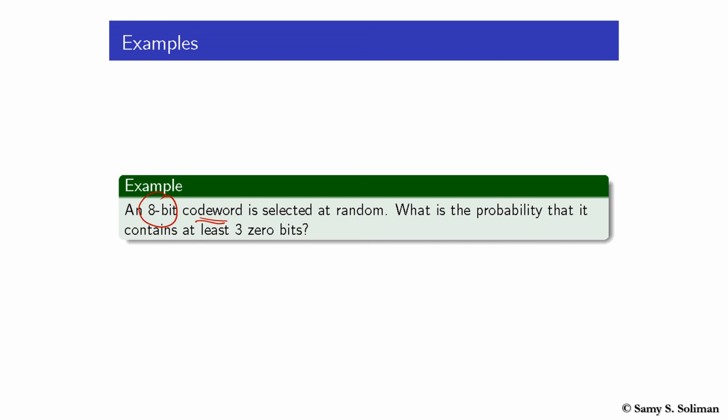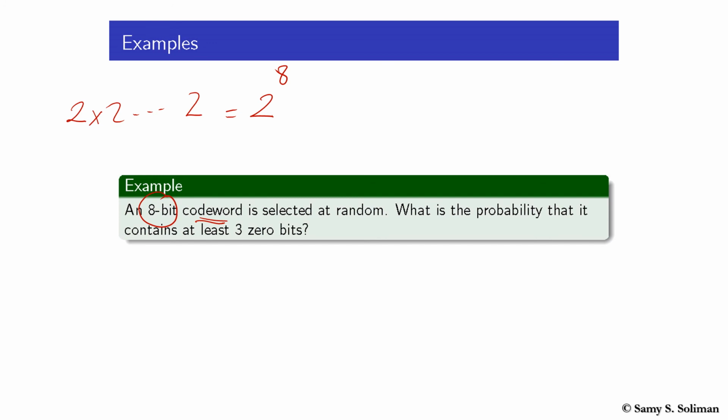For each of the 8 locations, or for each of the 8 bits, we have 2 possibilities. So we have 2 times 2 times 2 times 2 for the 8 positions, so that's 2 to the power 8. This is the total number of code words that can have 8 bits.